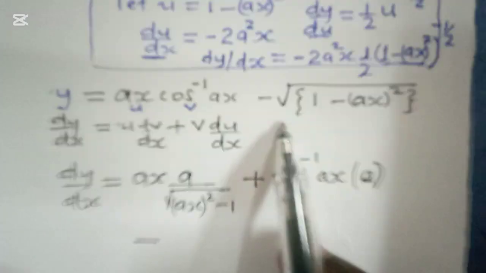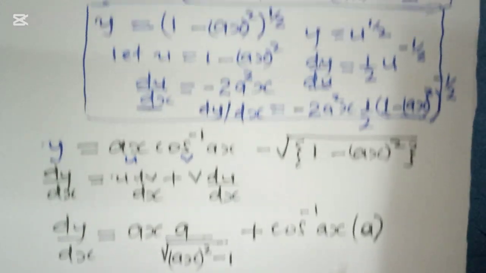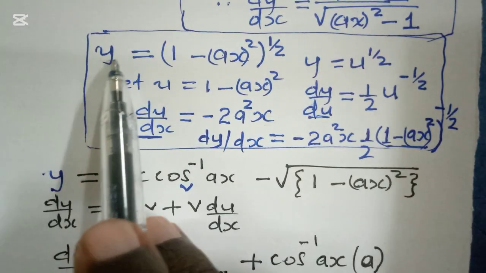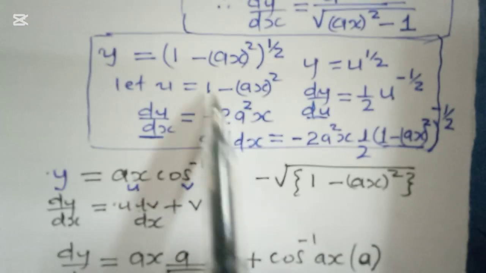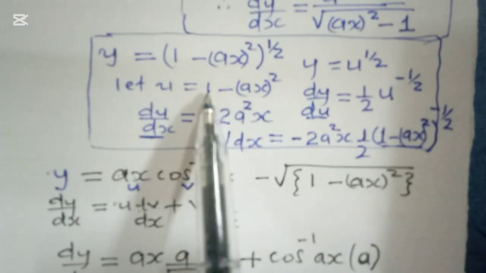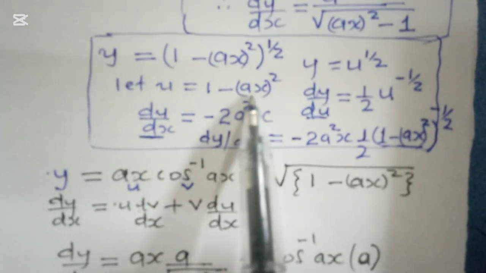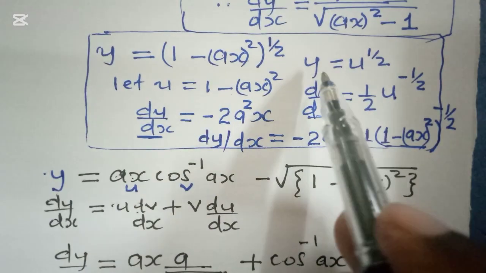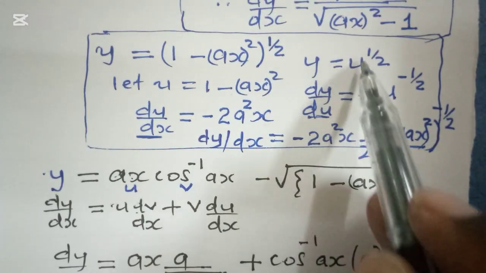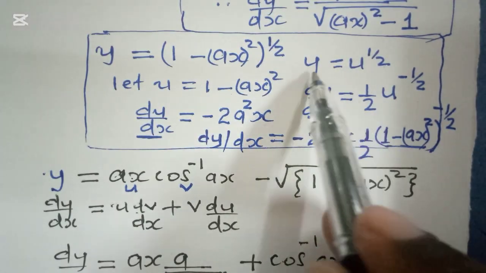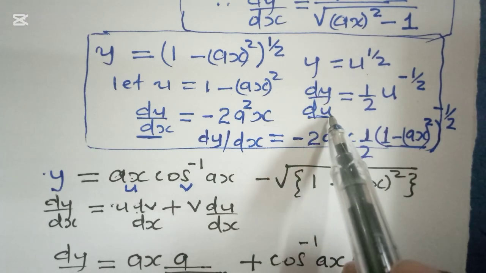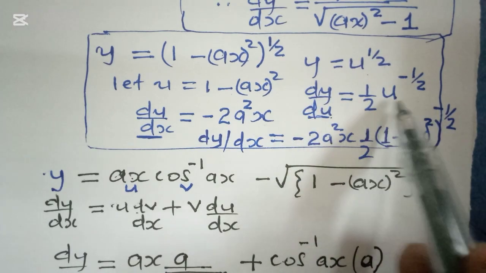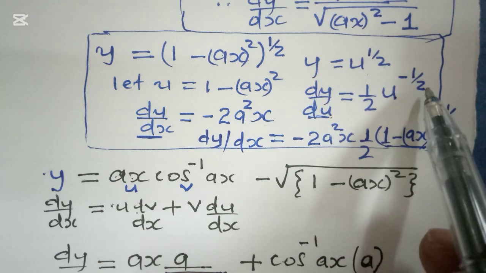Now we differentiate this term. I've already done that here, where we have y is equal to that. And then I can say let u be equal to this, 1 minus ax squared, so that we shall have y is equal to u raised to a half. When we differentiate that, dy du will give us a half u raised to negative a half.